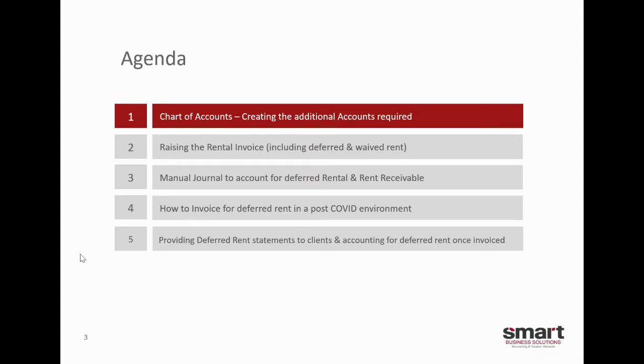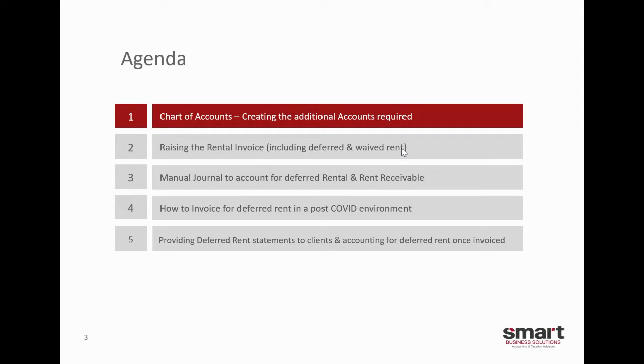Look, most of today's session, I will go through a demonstration in Xero, but there's a quick agenda here. There'll be a couple of additional accounts required, so I'll show you how we can make those in the chart of accounts. I'll then go through a rental invoice as of today, sending one to your client to include the deferred and waived rent, really set it out clearly for them.